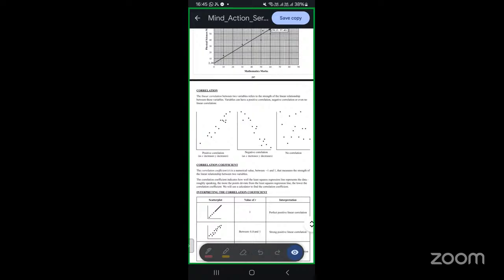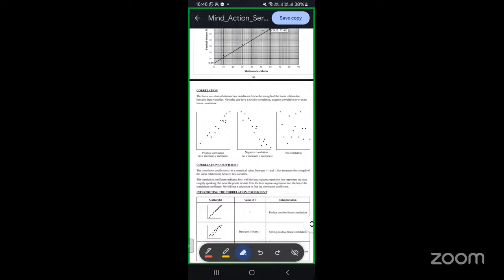There are only those three options for the trend between the variables. Do you understand those three options? Yes, sir.